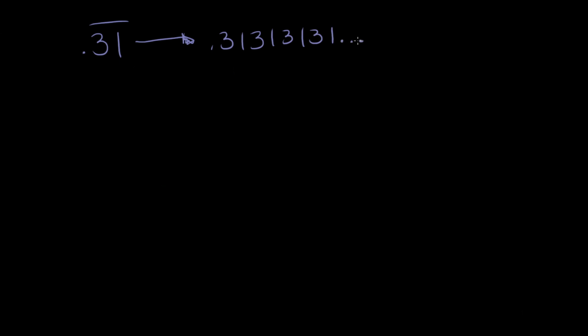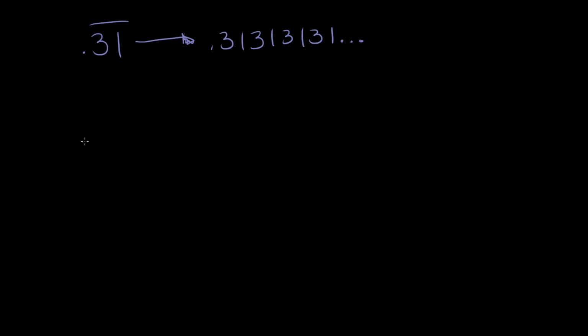So how do we convert this into a fraction? Well, the steps are going to be exactly the same with just one slight different consideration. So we know the first thing that we need to do is we need to set our repeating decimal to a variable. So that's what we're going to do.